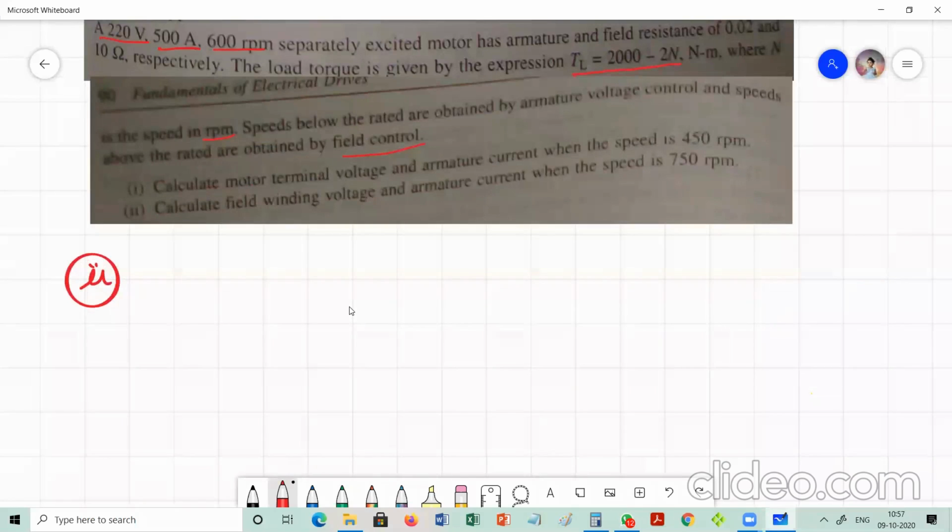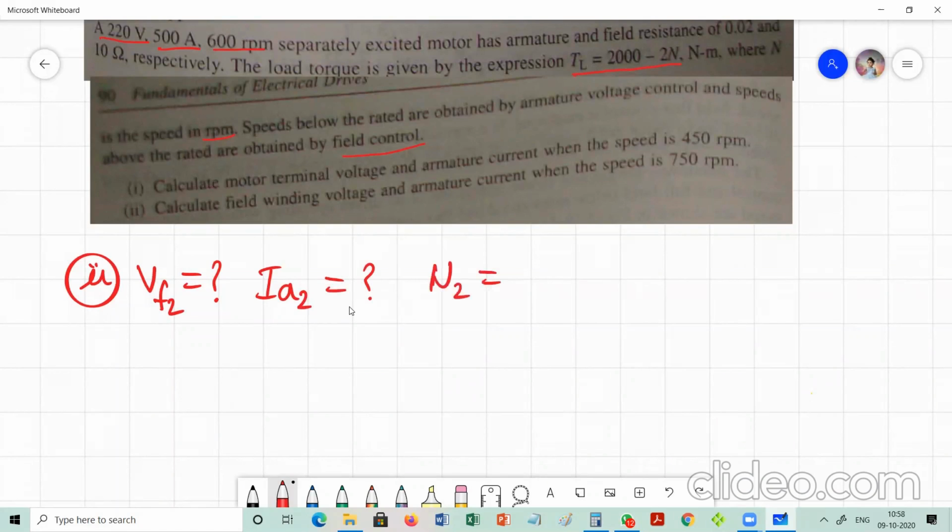Second part, what they ask: calculate field winding voltage VF and armature current IA2. I will write here VF2 and IA2 is equal to what, when the speed is 750 rpm, N2 is equal to 750 rpm.